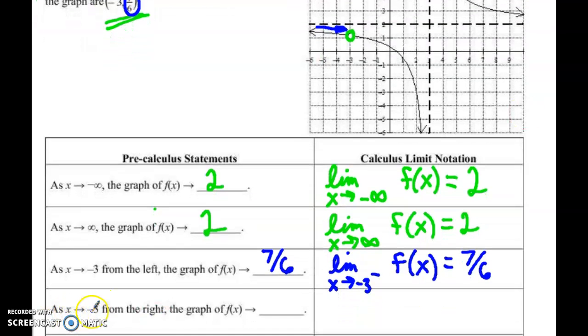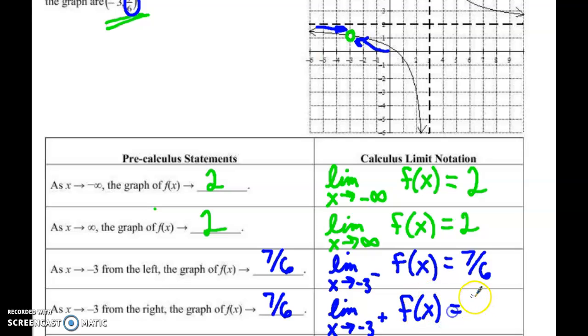So what's the difference for this next one is now it's on the right side, but it's approaching the same hole, so it's still the y value of 7/6. So the only thing that's different is you're telling the reader x approaches negative 3 from the right side, well, the positive direction is the right side, of f of x is equal to 7/6.